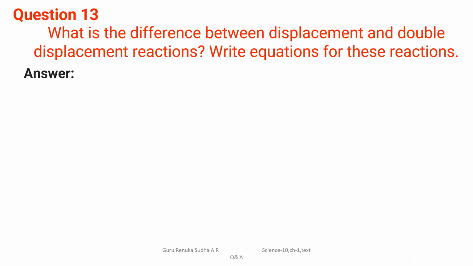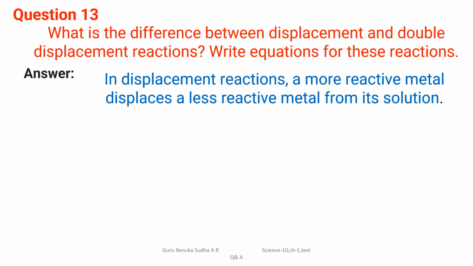In a displacement reaction, a more reactive metal displaces a less reactive metal from its solution. For example, when iron combines with copper sulfate, the more reactive metal displaces the less reactive metal.